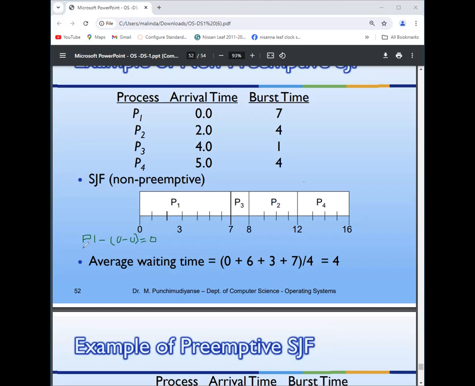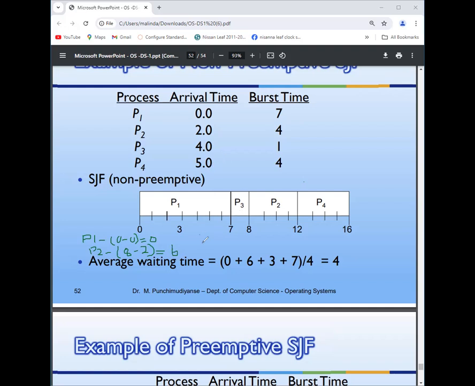P2 arrived at time 2 and got the CPU time at 8. So P2's waiting time is 8 minus 2. 8 is the time it got the CPU and 2 is the arrival time. So 8 minus 2 is 6.